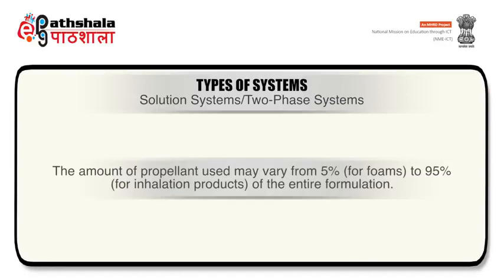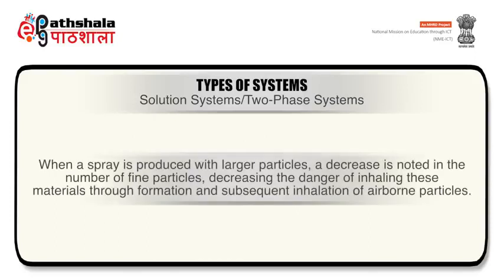Amount of propellant used may vary from 5% for foams to 95% for inhalation products of the entire formulation. When a spray is produced with larger particles, a decrease is observed in the number of fine particles, decreasing the danger of inhaling these materials through formation and subsequent inhalation of airborne particles.